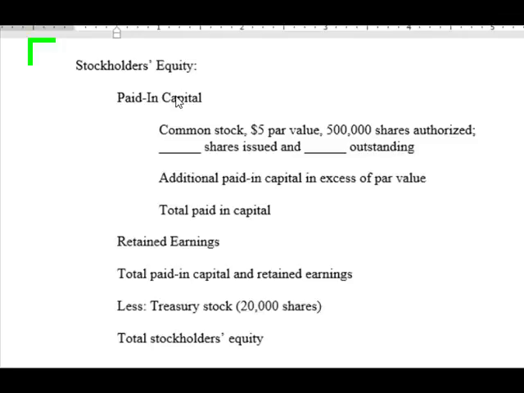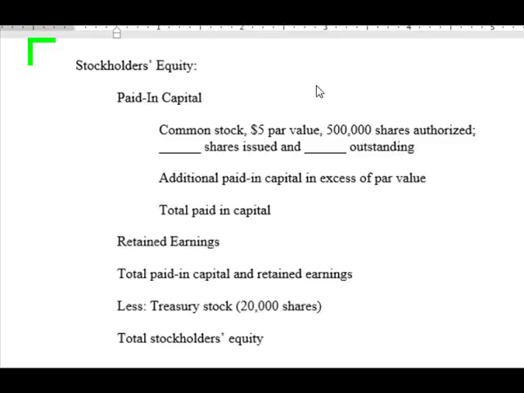So the first thing that you're asked in your homework question, exercise 226, is what is the number of shares of common stock that have been issued? So we have a blank line to fill in.